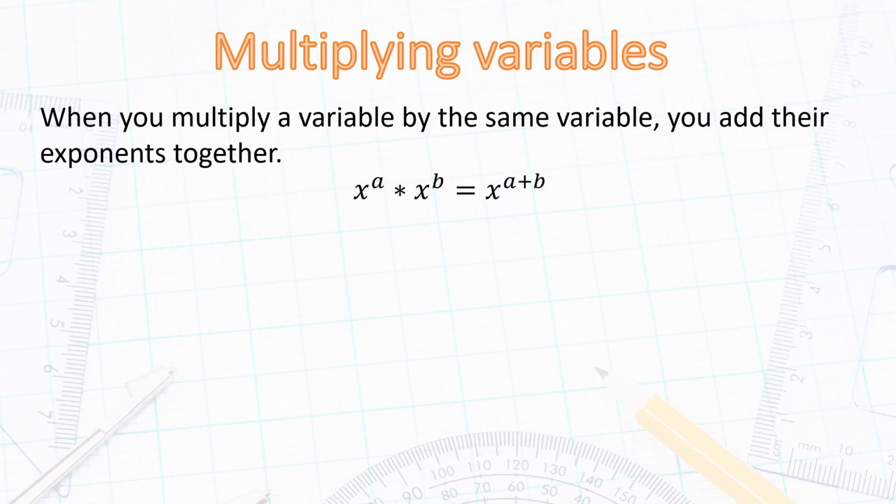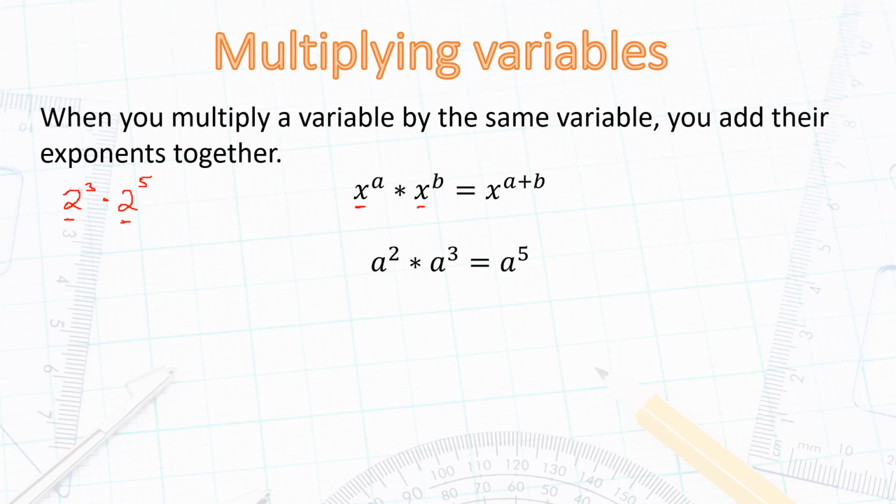So when we are multiplying expressions that have the same base value, this can be a number or variable, for example, 2 to the power of 3 times 2 to the power of 5, this one has the same base value of 2, same base value of x, whatever it is, they are going to follow the same rule, and that is when the base is the same, you can add the exponents together.